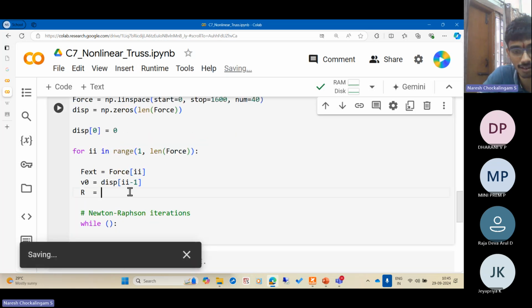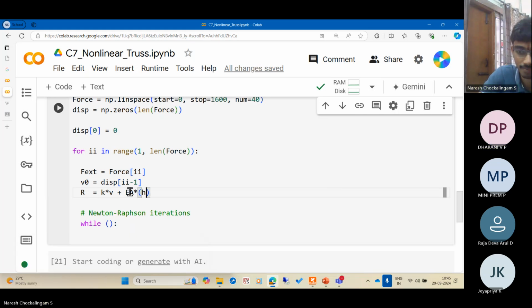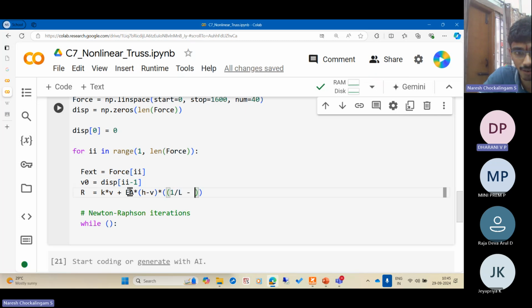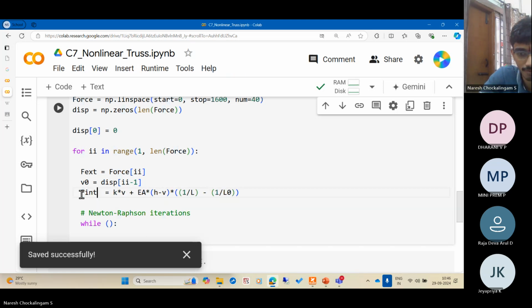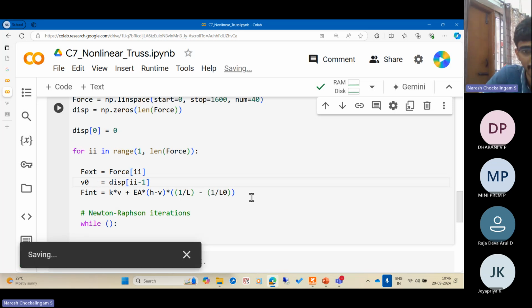So I'll say R is A star V plus EA star (H minus V) star 1 by L. Sorry, 1 by L. But this is not R, this is F. So R is negative of this. So I'll just call it F internal, because the scheme will differ depending on whether we are using R or F. Right? So this is F internal.